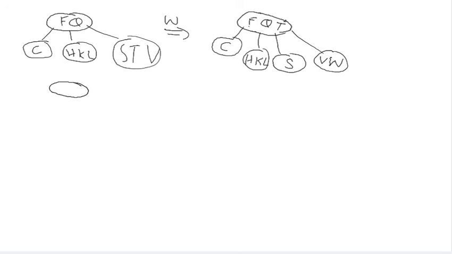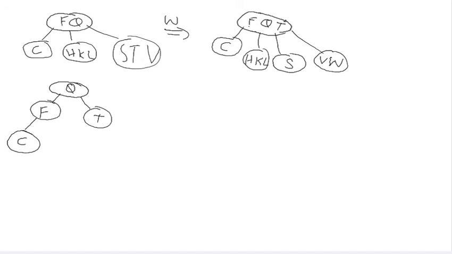Okay. Now, this F has left child C, and what will happen to this child, that is in between F and Q, that is greater than F and less than Q. So that will come to this position. Okay. So H, K, L, this is T. Now, T has left child S and a right child V, W. Okay.